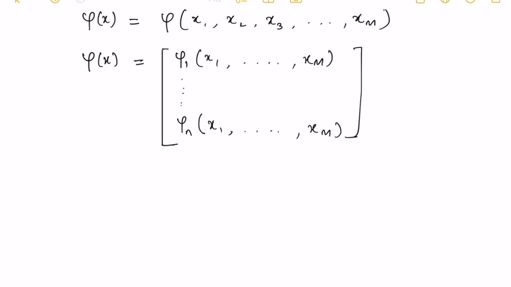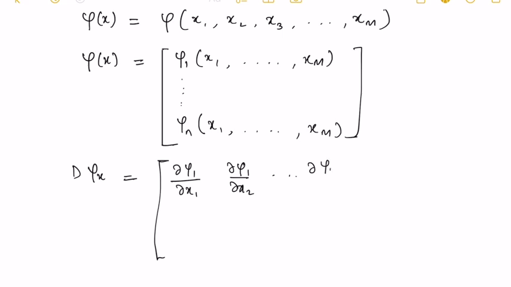Now let's see what d psi of x would look like. d psi of x is just the Jacobian of this transition function, which is the derivative of psi 1 with respect to the first coordinate, derivative of psi 1 with respect to the second coordinate, dot dot dot, derivative of psi 1 with respect to the last coordinate of the source manifold.